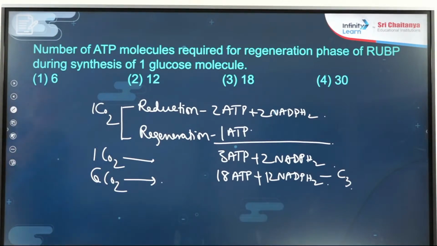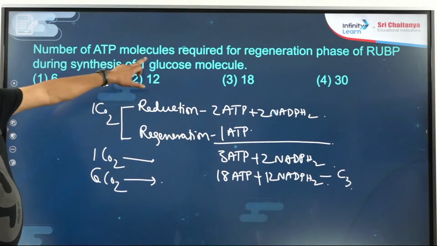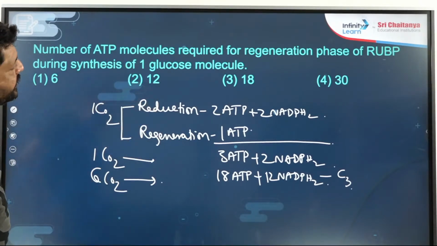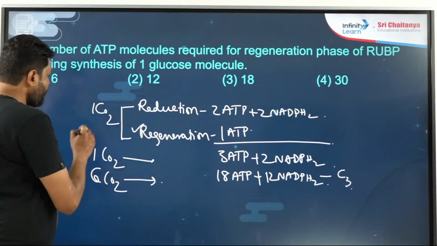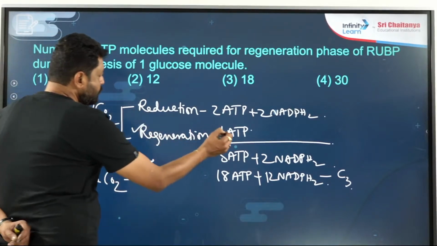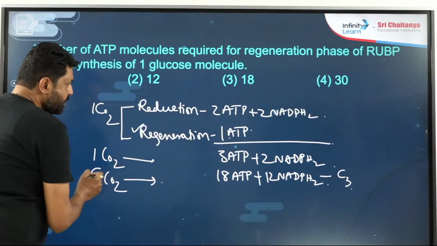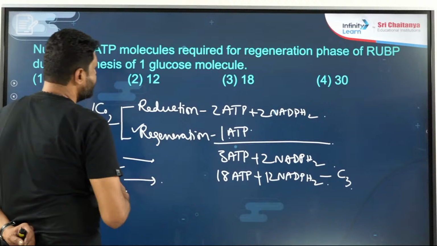Clear? But now read the question. Number of ATP molecules required in the regeneration phase of RuBP during synthesis of 1 glucose molecule. Regeneration phase. 1 CO2, 1 ATP; 6 CO2, 6 ATP is required.